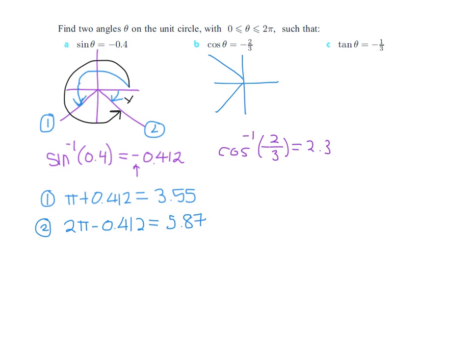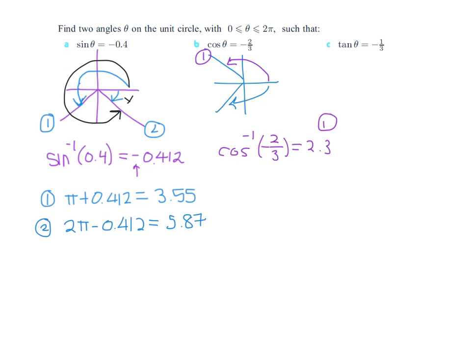So that 2.3, since it's positive, refers to the value over here. So that's going to be our first angle. For the second angle, if we were to go in this direction, it'd be negative 2.3.